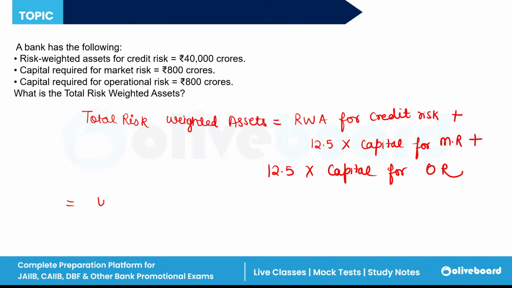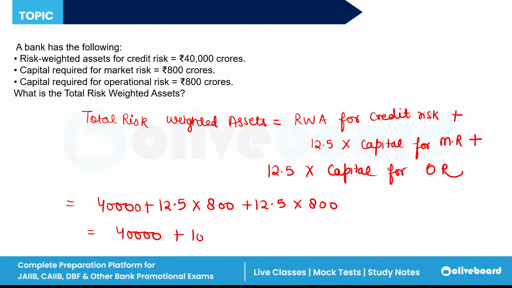So this is 40,000 plus 12.5 multiplied by 800 plus 12.5 multiplied by 800, which equals 40,000 plus 10,000 plus 10,000, which equals 60,000 crore.